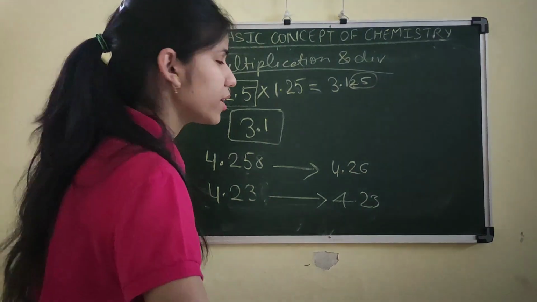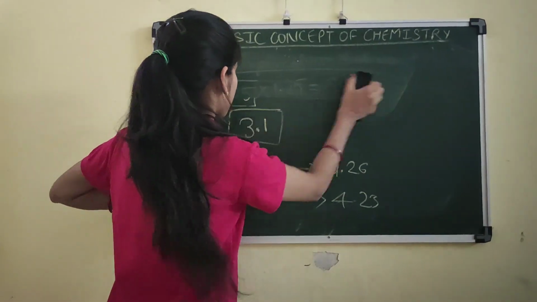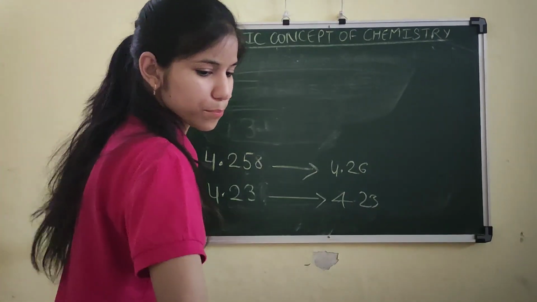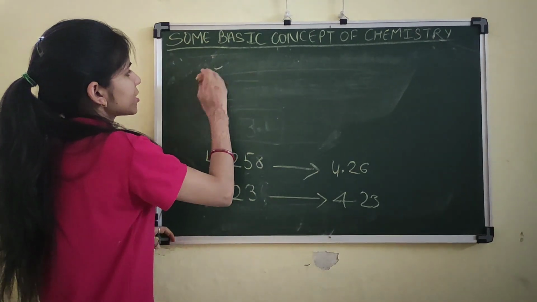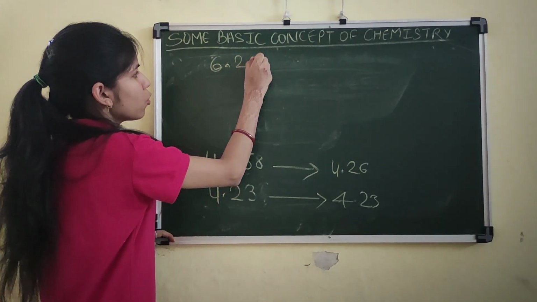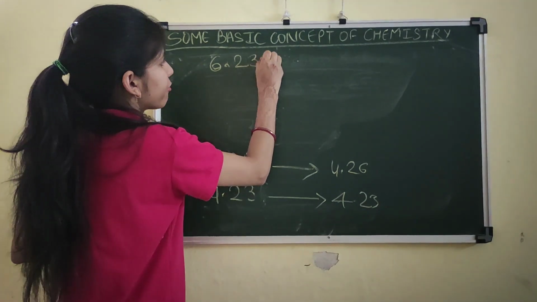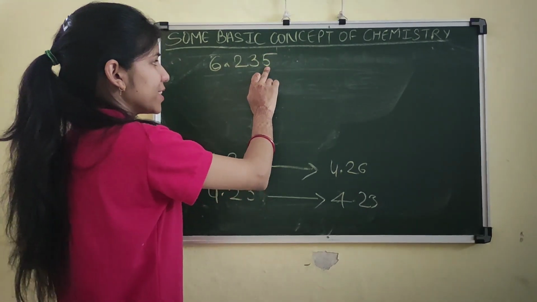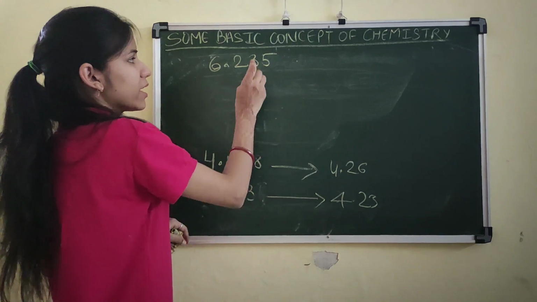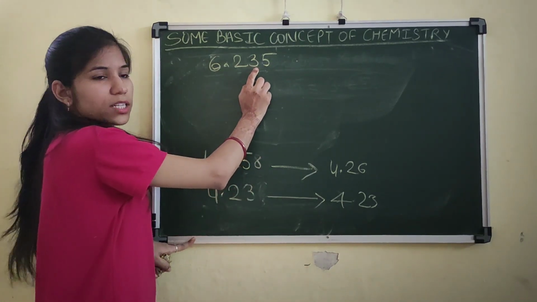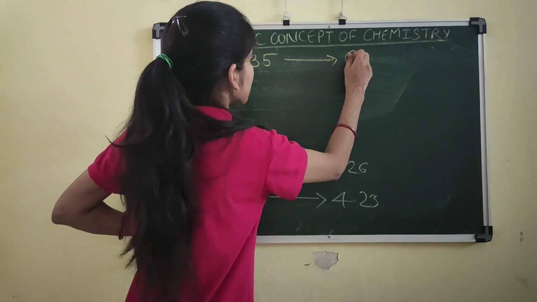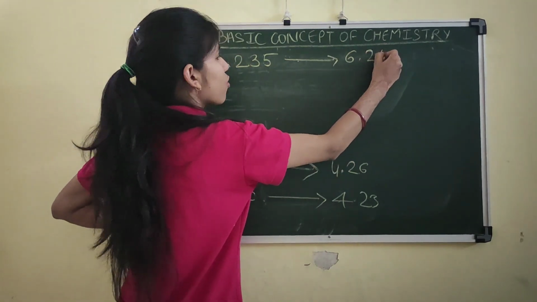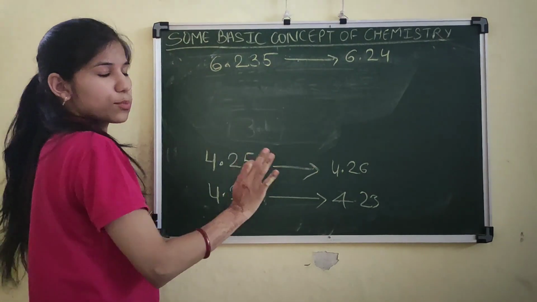And the next rule is, if there is 6.235, where 5 is present, and the preceding number is odd, then 1 is added, like 6.24, and the 5 is removed.